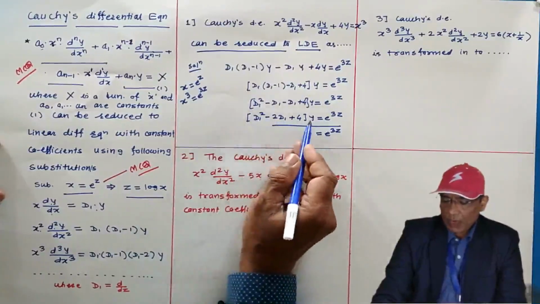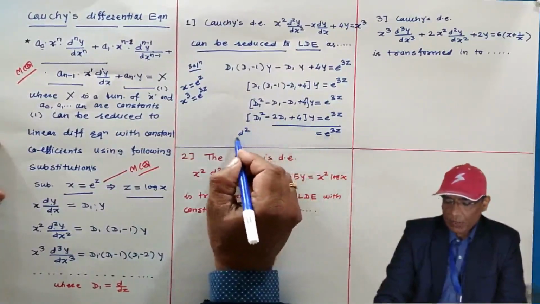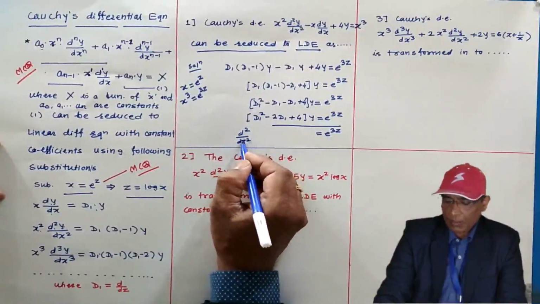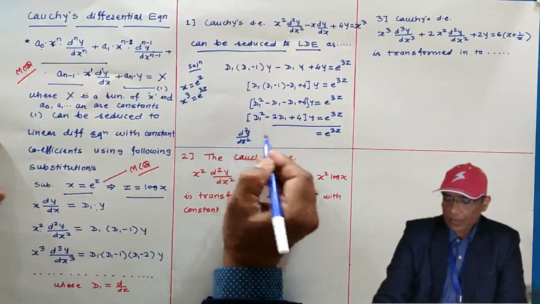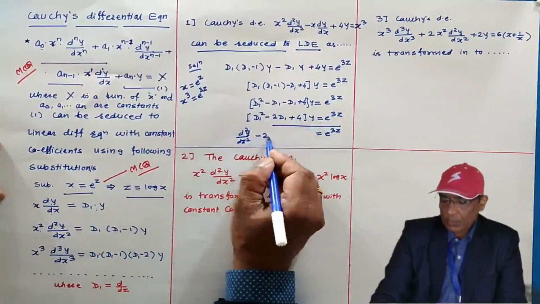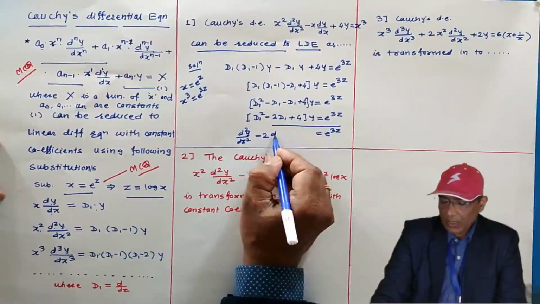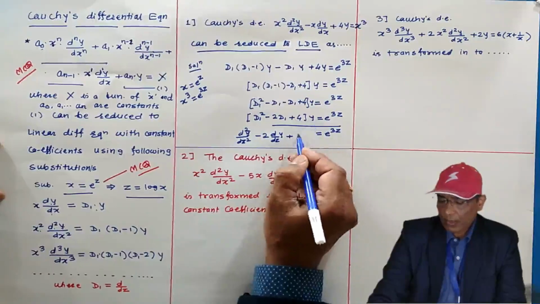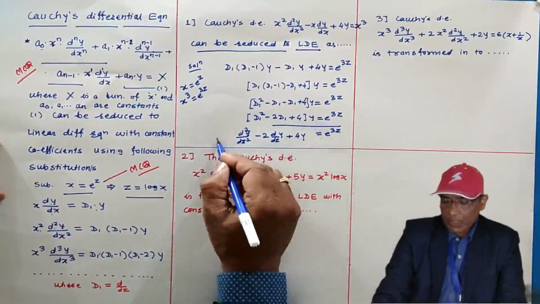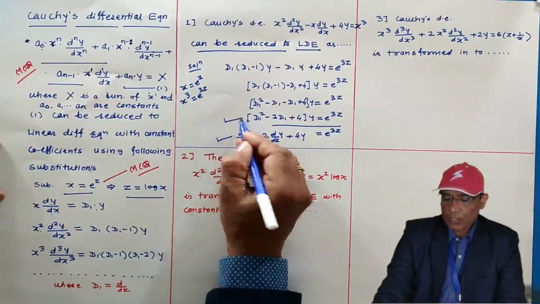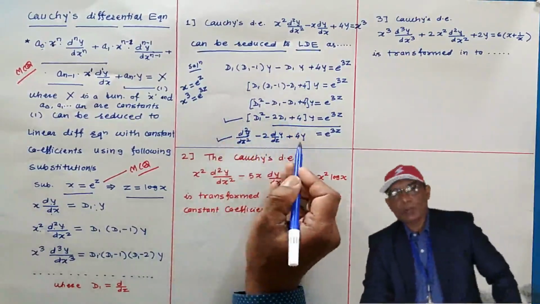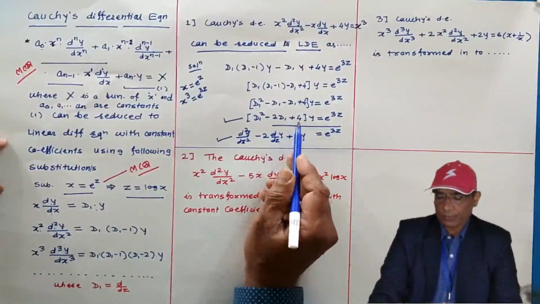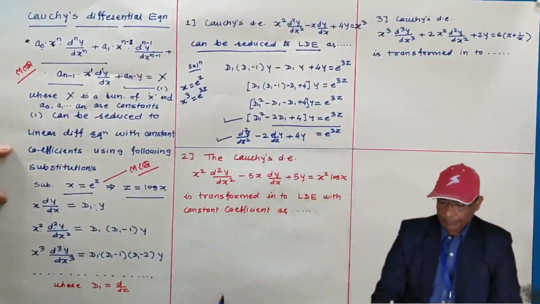So D1 square y means double derivative of y with respect to z, minus 2 D1 means d by dz of y, plus 4y. So this may be given in the option. Either way, the meaning of these two are same. This may be given in the option and this may be given in the option, and these are the correct options on the same problem.